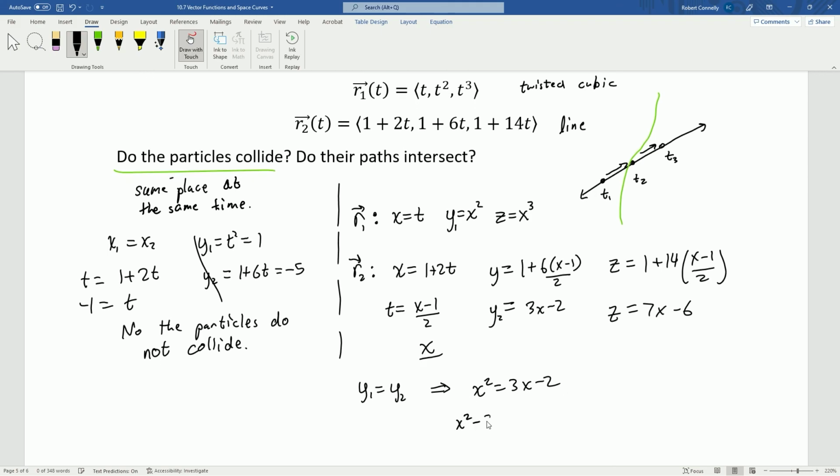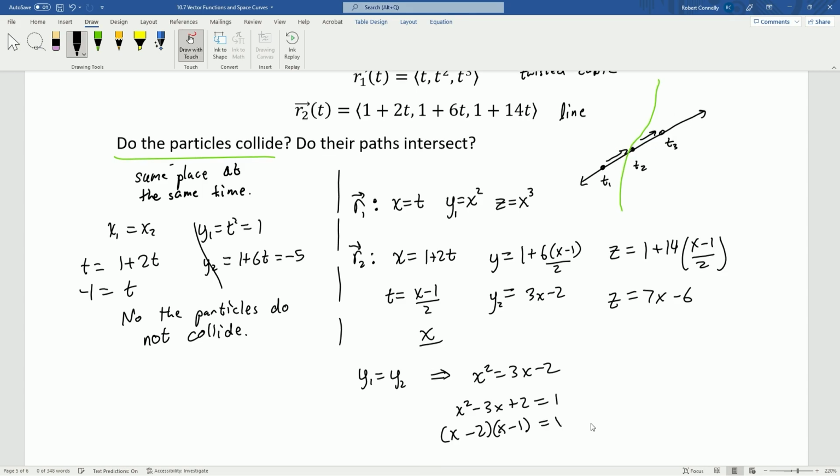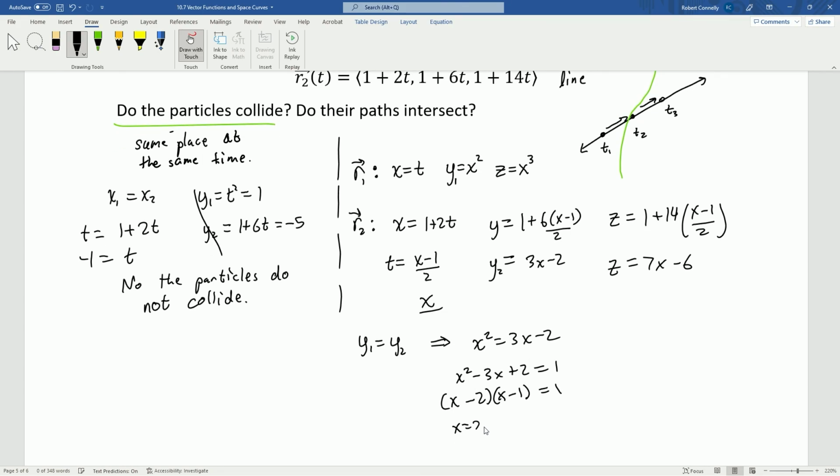So x squared minus 3x plus 2 equals 0. So that's x minus 2 times x minus 1 equals 0. So we get two potential x values, x equals 2 or x equals 1. So there's two places that we could potentially have these curves intersecting.